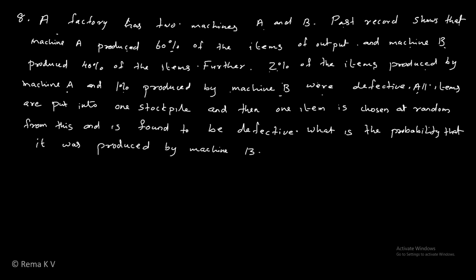All items are put into one stockpile and then one item is chosen at random from this and is found to be defective. What is the probability that it was produced by machine B? How many events?